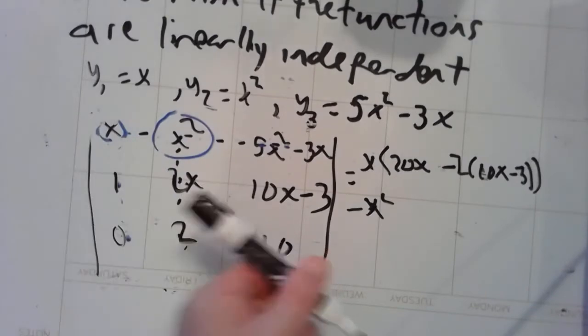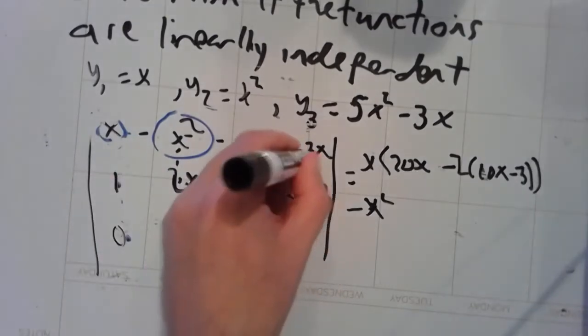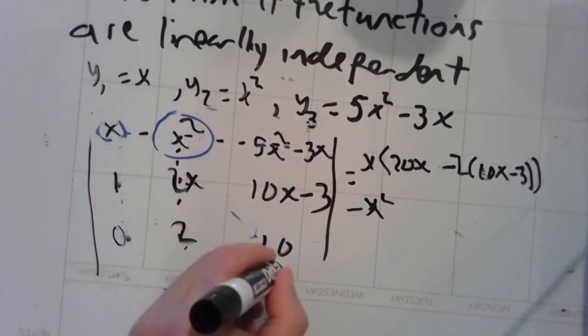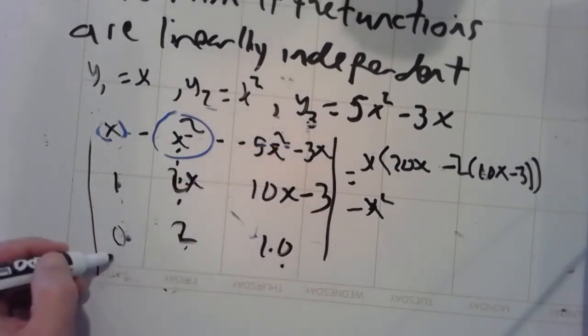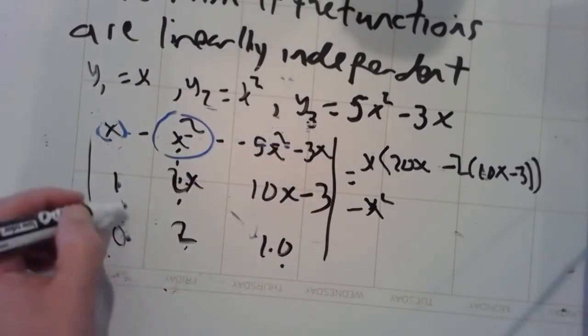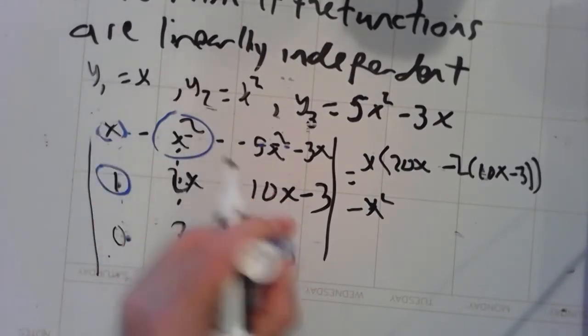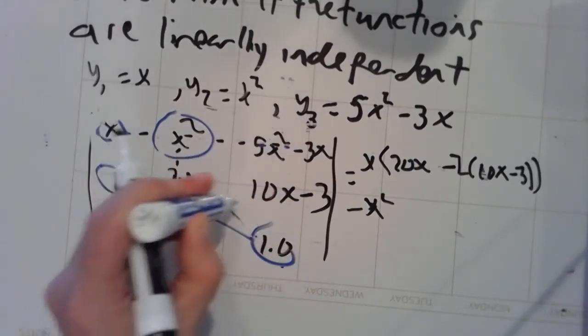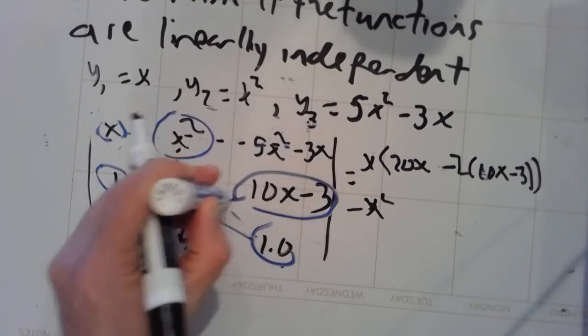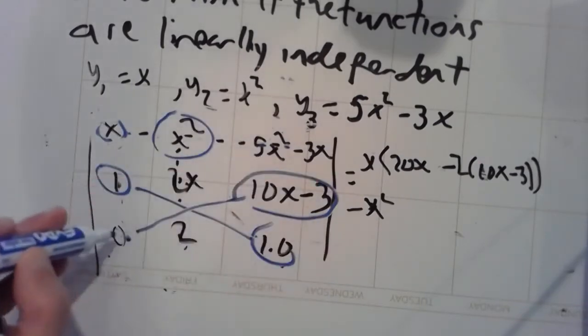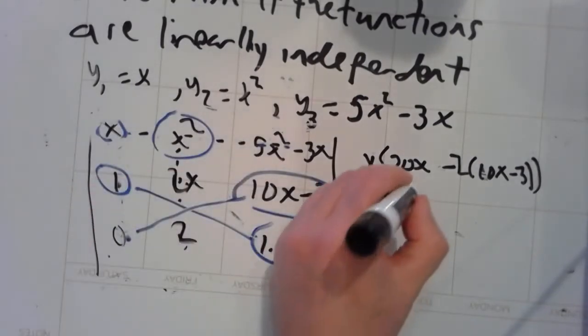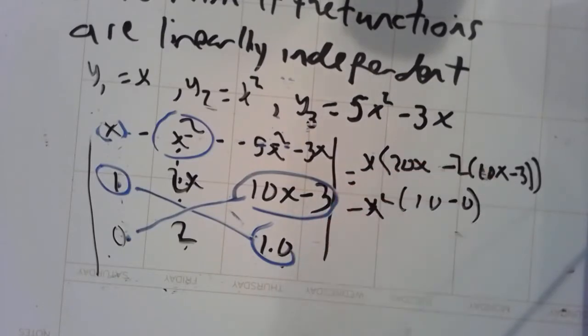And we go this direction minus this direction. So 10 minus 0. I'm multiplying these 4 objects. Going this way, 1 times 10 minus 10x minus 3 times 0. So that will be 10 minus 0.